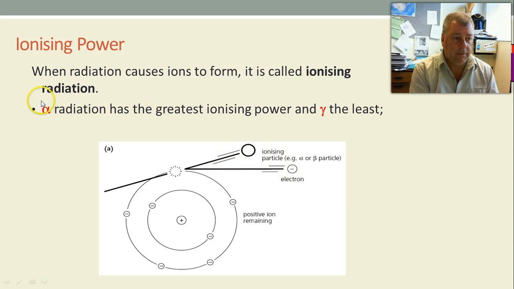In the case of alpha radiation, remember alpha radiation is a helium nucleus, so overall it's got a +2 charge. It's actually very attractive to this electron, so if it interacts very closely with it, it just sucks it to itself, because ultimately the alpha particle wants to gain 2 electrons through this process to become neutral.